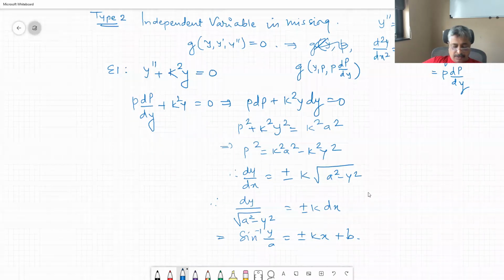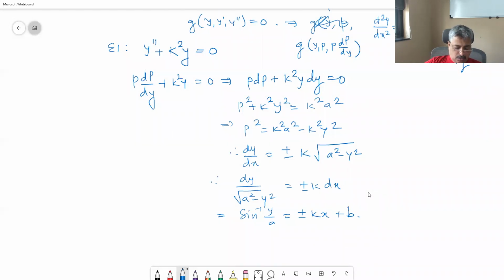And therefore y is equal to a sine of plus minus kx plus b. Okay, that is what it is.